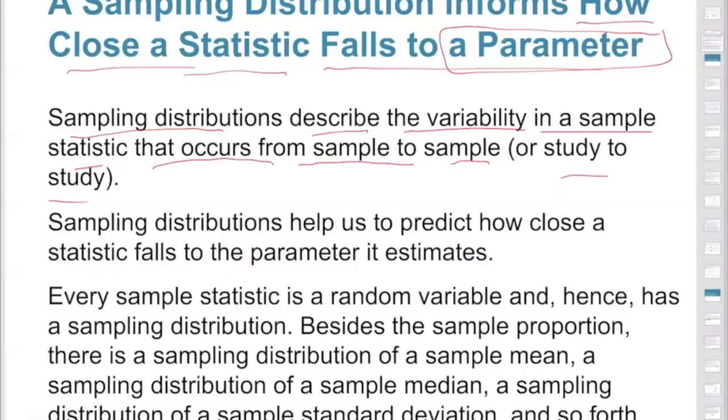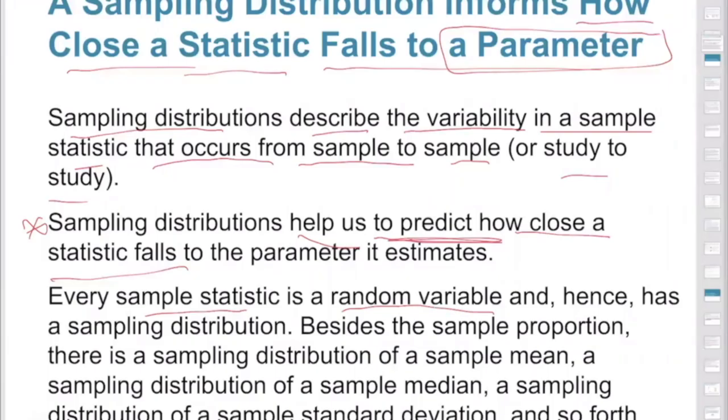So the sampling distribution, this very important one, helps us to predict how close the statistic falls to the parameter. As I said to you, a sample statistic like X bar is a random variable.